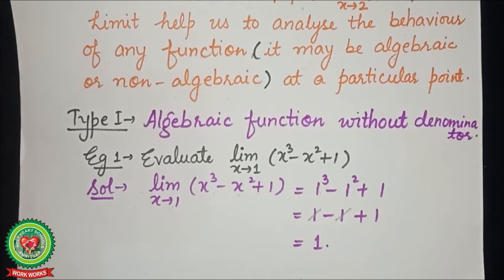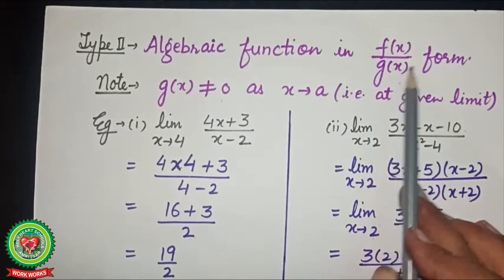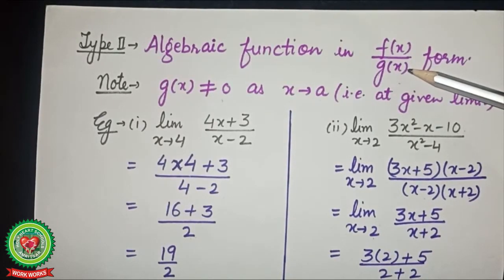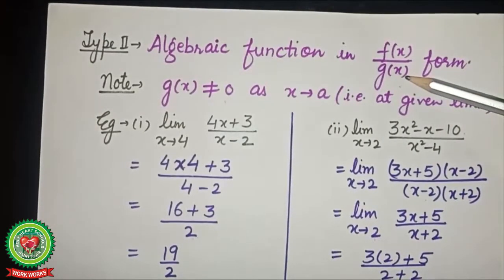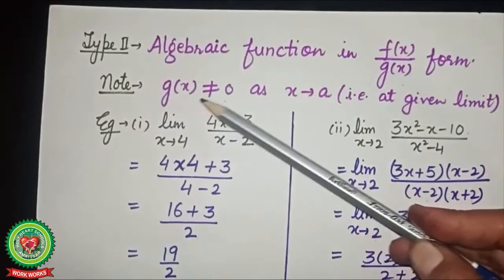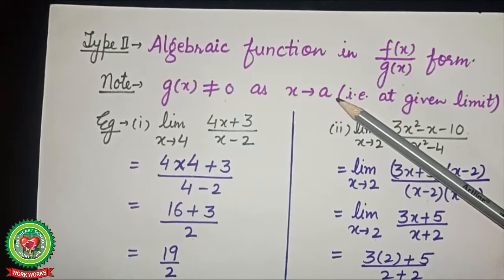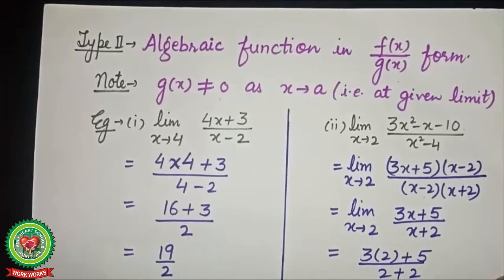Next type is algebraic function in f(x) upon g(x) form. It means a denominator is there. Now, note that whenever a denominator is there, it should not be 0. So, g(x) is not equal to 0 as x approaches a, that is at the given limit. Now, let's take an example based on it.